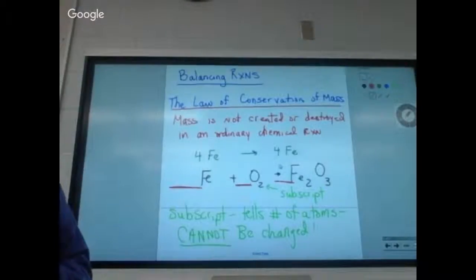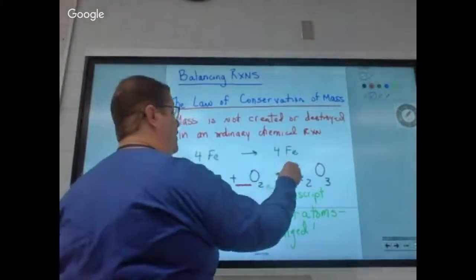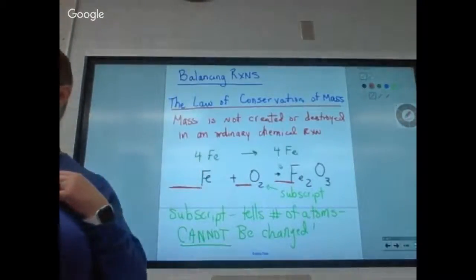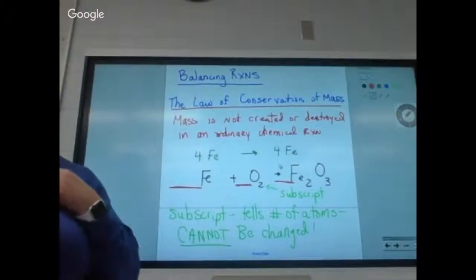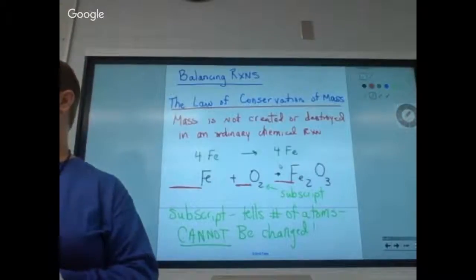If you pick one and it doesn't balance, as long as you're only changing coefficients, who put the coefficients there? We did. We can change coefficients. We can't change what numbers? Subscripts. Yes, ma'am. It multiplies with the subscripts.